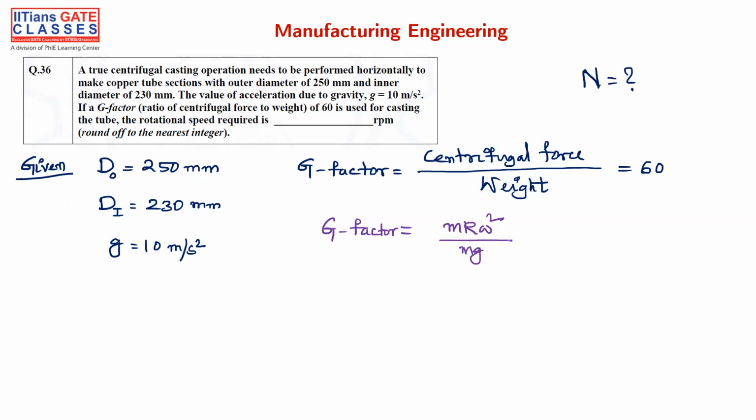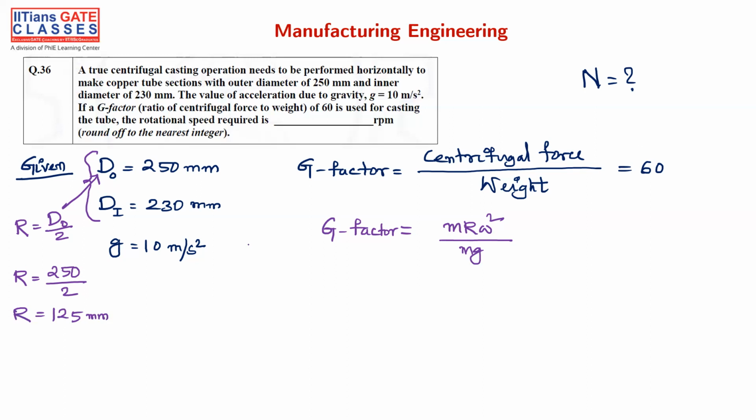Right? And what is R? Here we have been given these two, DI and DO. As the centrifugal casting is performed, we have to take the maximum, so this will be the value of R. So R is equal to DO by 2, that is 250 mm by 2, which is 125 mm.